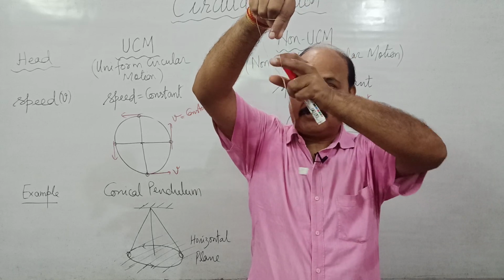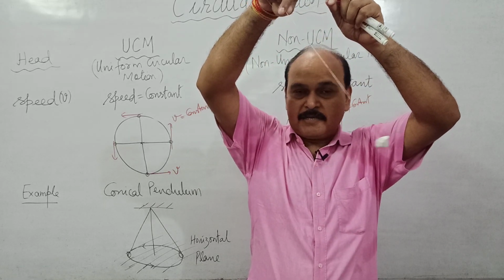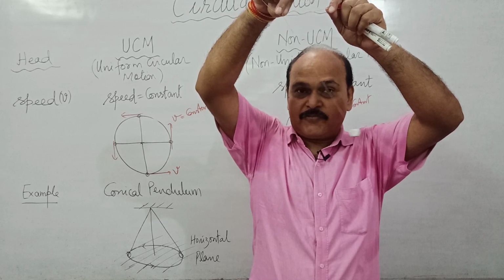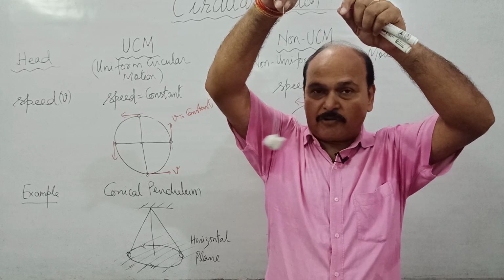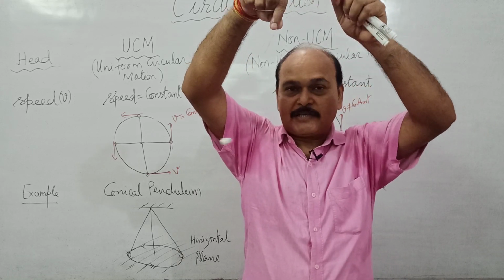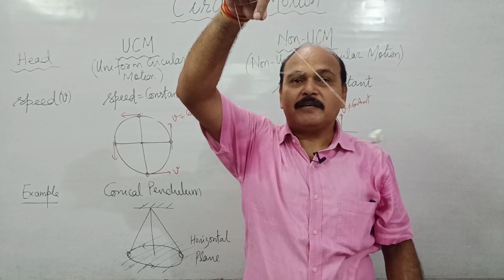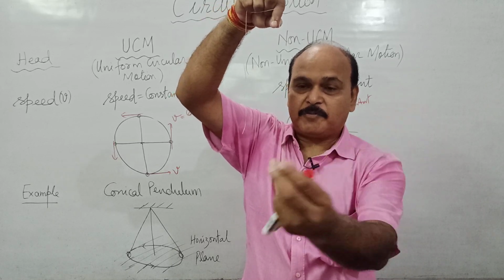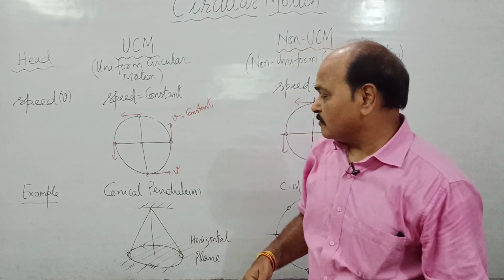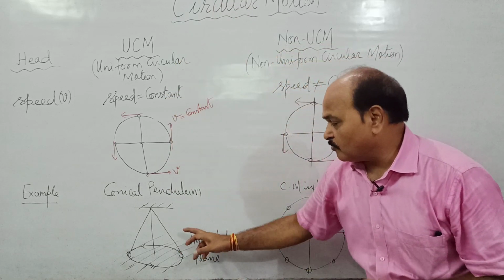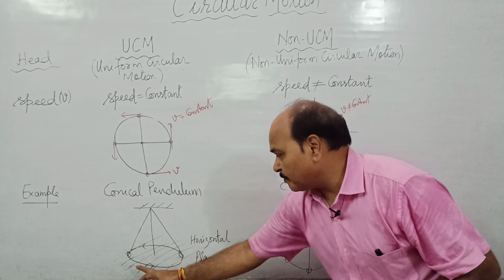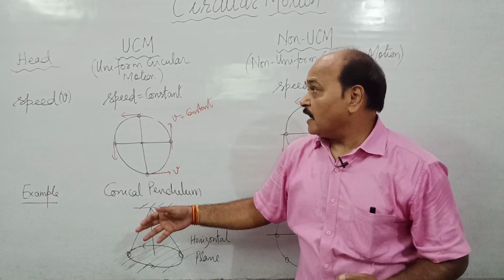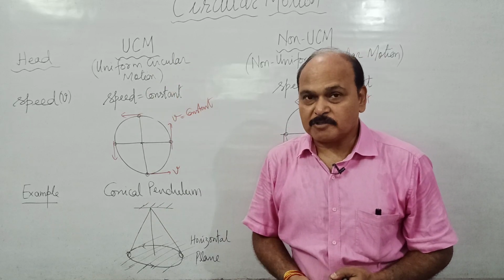If the circular motion of an object takes place in a horizontal plane, then the motion is called uniform circular motion. And we call this device a conical pendulum because the string of this bob, the pendulum, generates a right circular cone. So this is the example. This is a conical pendulum. The bob moves on a circular path in a horizontal plane. The device is called a conical pendulum and is an example of uniform circular motion.